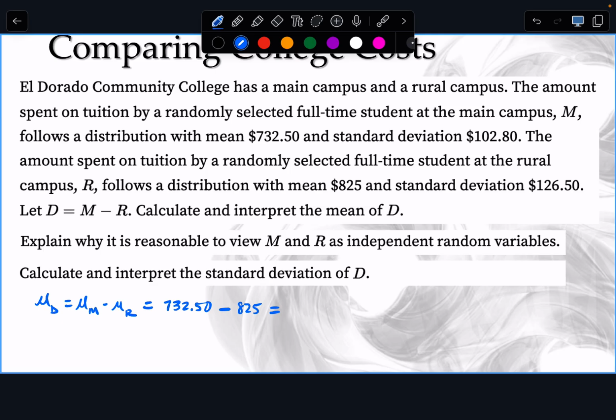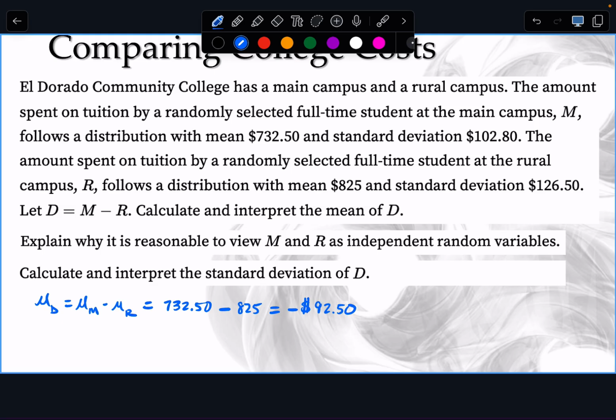If you plug that in your calculator real quick, what do we get as a difference? 92.5? Yeah. Okay. So we get a mean difference of negative $92.50.